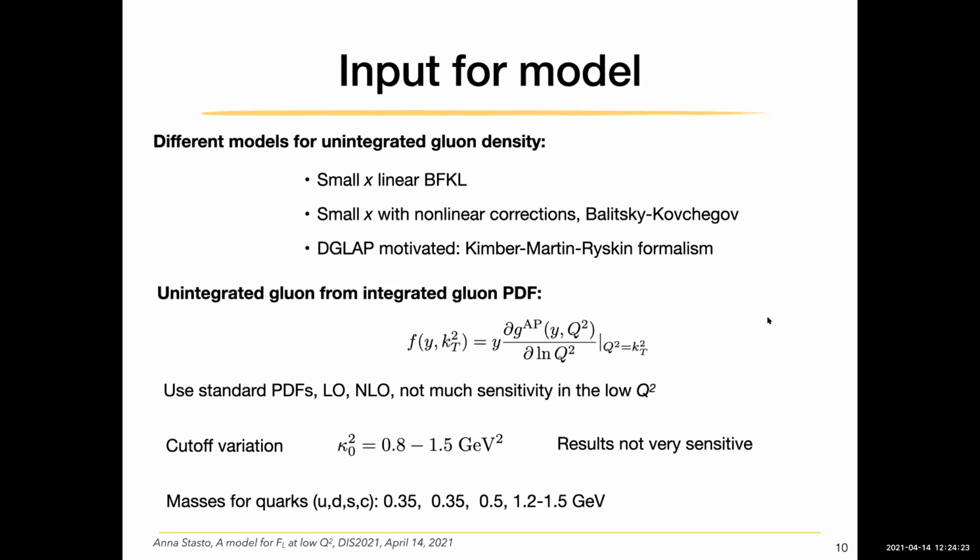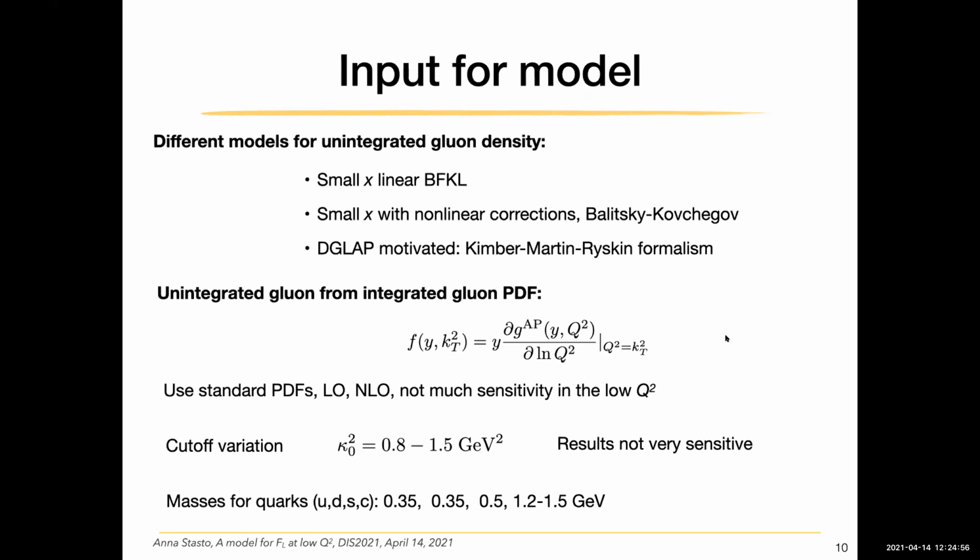And then the last ingredient of the model is the unintegrated gluon density. In principle there are numerous options that one can put in, because one can use either BFKL or some saturation model or the DGLAP-motivated KMR model. We have used something very simple: we just took the collinear density and performed the logarithmic derivative.